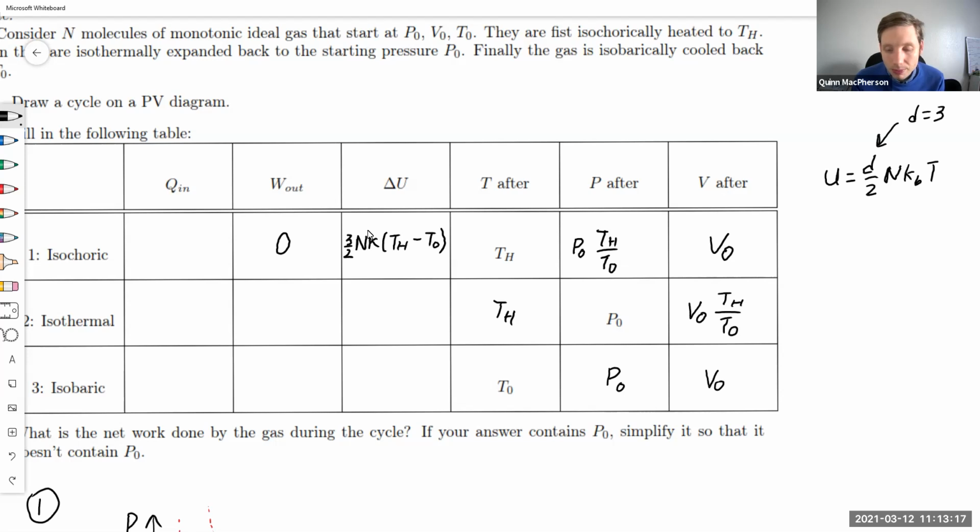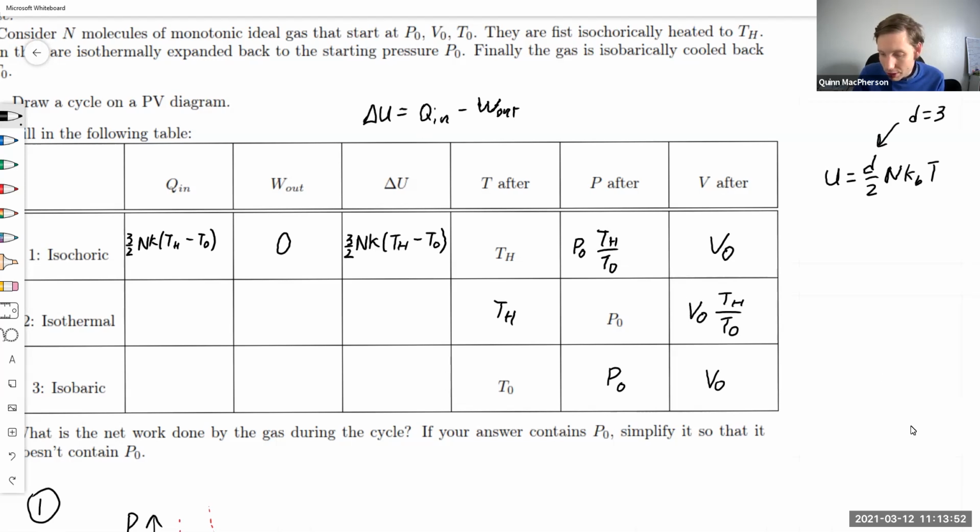So that is the change in U. Okay. Once I have work and change in U, I can get Q fairly easily because the change in internal energy is equal to how much you add, Q in, minus how much work goes out. Work goes out as 0 in this case, so delta U and Q are the same. So apparently Q is 3 halves N k (T hot minus T naught).